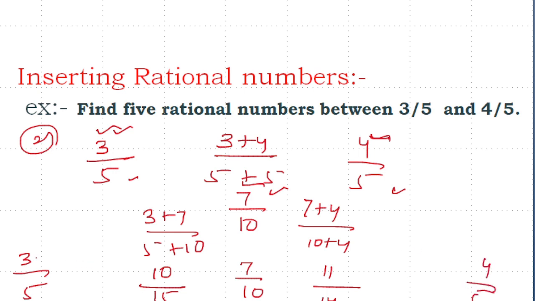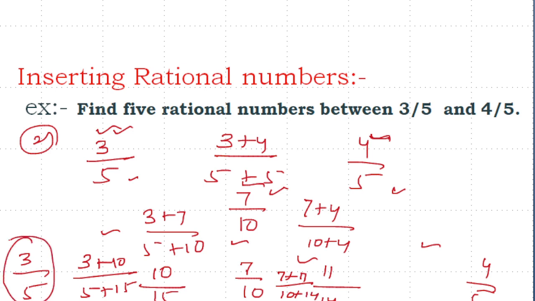Now again two numbers we want. Take any gap you like, totally your wish. I am doing 3 plus 10 by 5 plus 15, and here 7 plus 11 by 10 plus 14. So what numbers came? This is the question 3 by 5, this is the question 4 by 5.